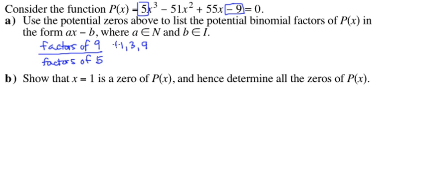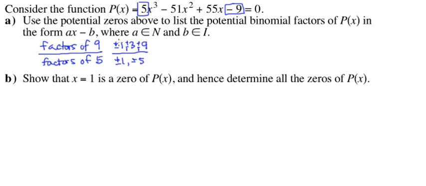But it's worse than that, actually. It's plus or minus 1, and plus or minus 3, and plus or minus 9. Those are all the numbers that can divide into 9. And the factors of 5 are plus or minus 1, and plus or minus 5. So we get to do every single possible combination of those numbers.